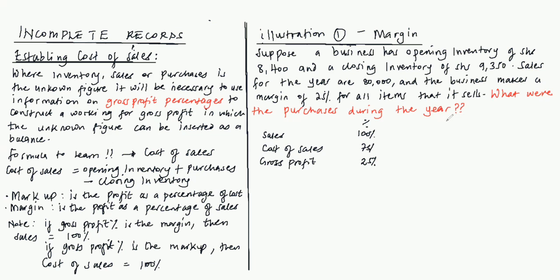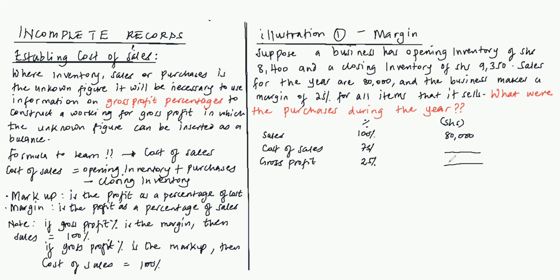Now, in terms of shillings, we know that we have 80,000 as our sales figure during the period. Our gross profit is 25%, but remember it's a gross profit margin, and we know that gross profit margin is the profit percentage on sales.